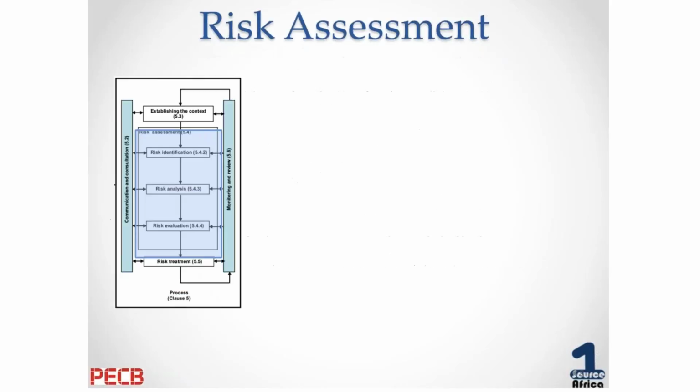Now, as this is not a full ISO 31000 presentation or webinar, I'm only going to focus on the risk assessment part of things. Now the biggest mistake organizations make is to go and develop one method which is generally known as risk workshopping.